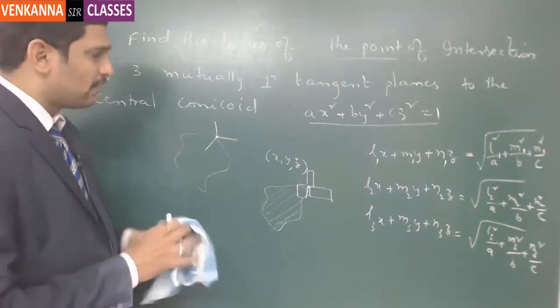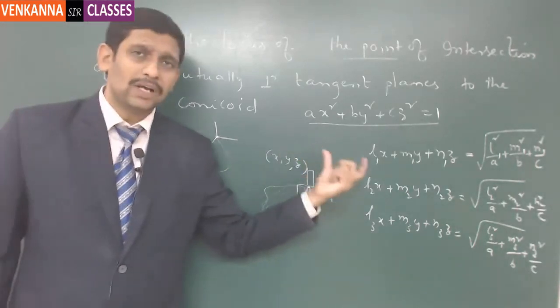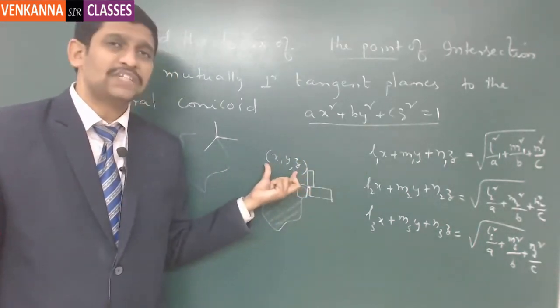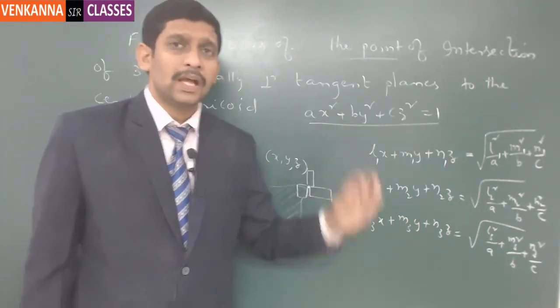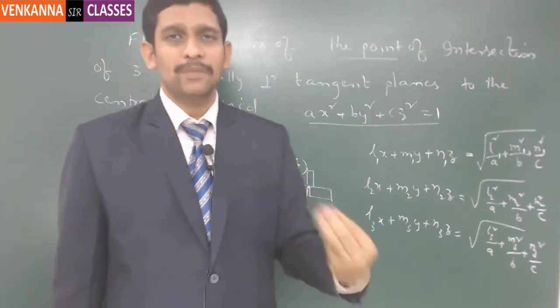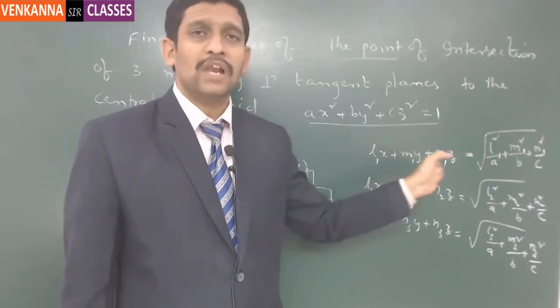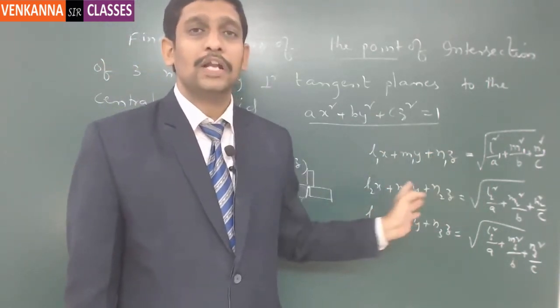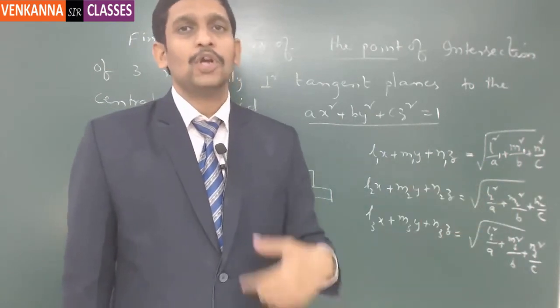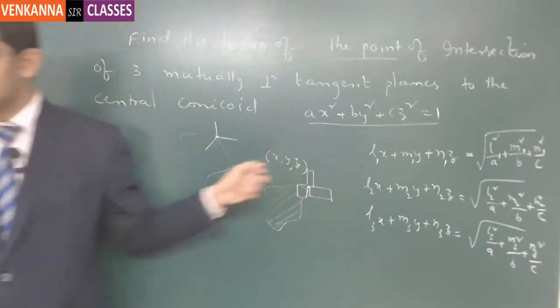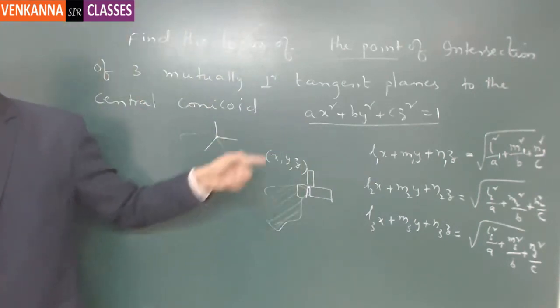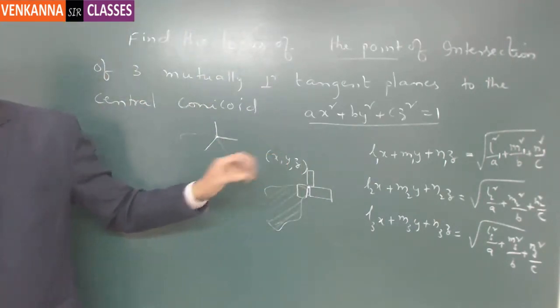So, I want to find a locus condition satisfied by xyz from the planes. In other words, I want to eliminate the values of L1, M1, N1, L2, M2, N2, etc., so that I will get a condition in terms of xyz, which is nothing but the required condition.